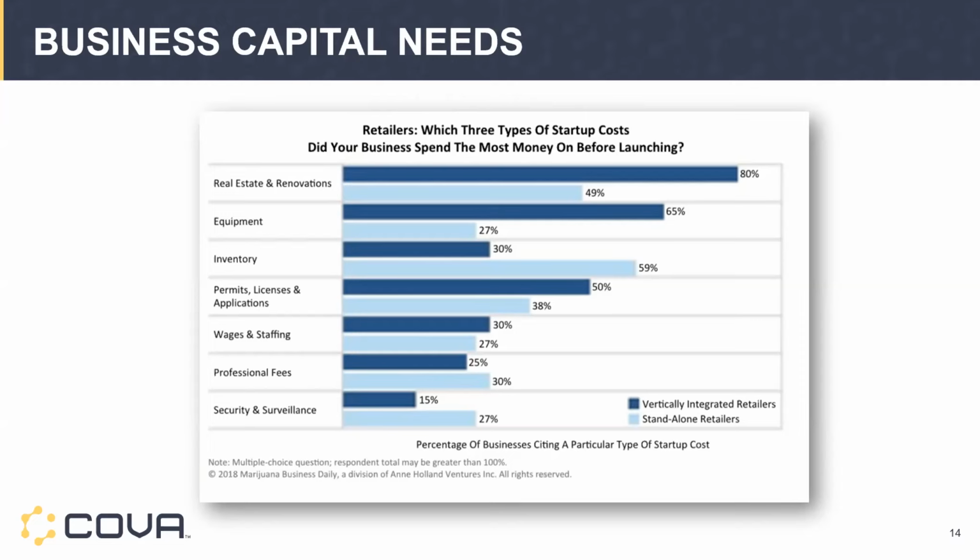And then California has probably 15 different license types. Depending on where you are in the supply chain, you have a different set of costs. In this example, what we're showing is a lot higher expenditure or cost on real estate and renovations, because if you have a grow and you have a retail store, that grow is going to take a lot more money to get up and running.